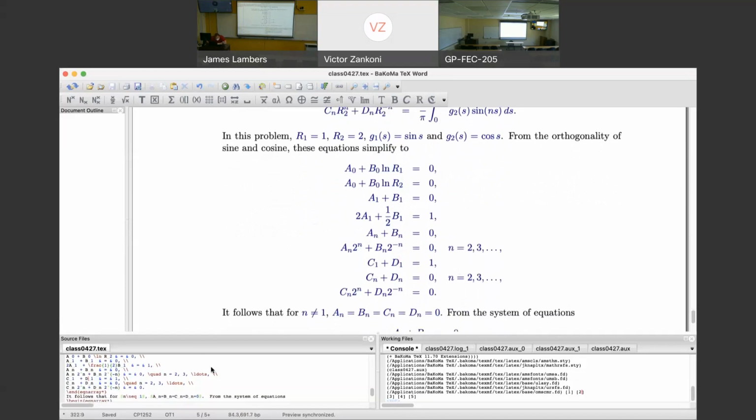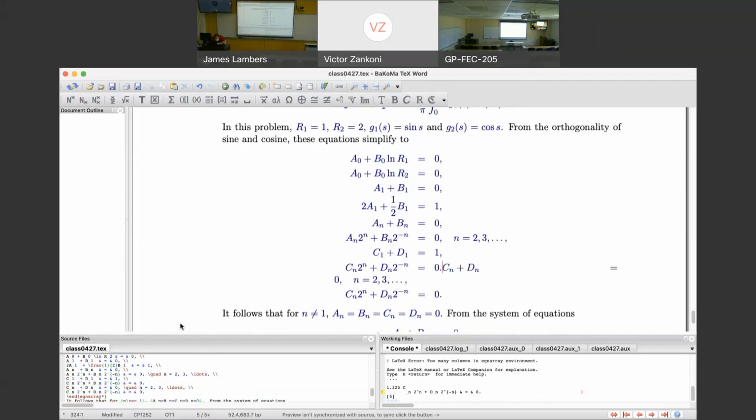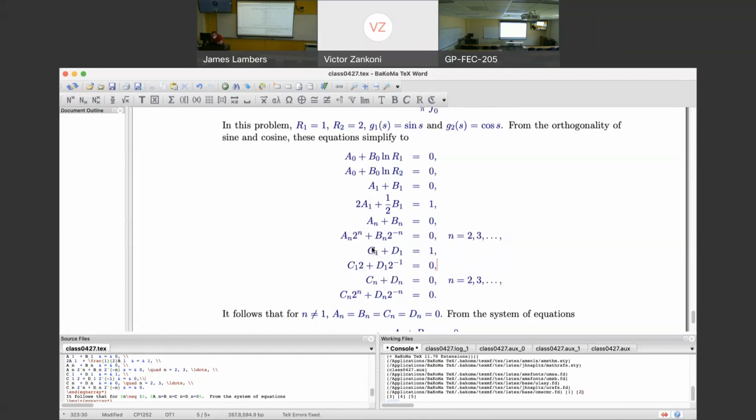So again, if you look at the cases of n equals 1 and all other n separately, C1 and D1 satisfy this system of equations. We'll get a non-zero solution. Give this non-zero value here.